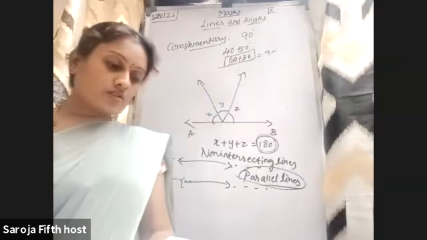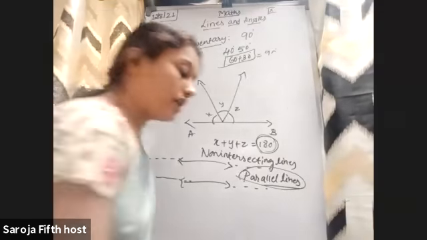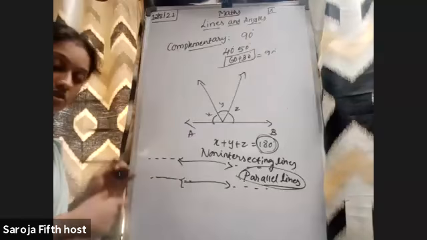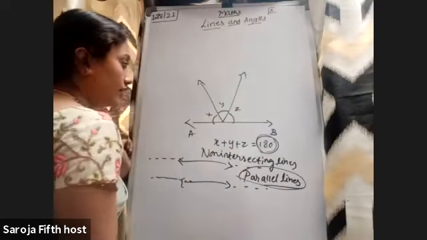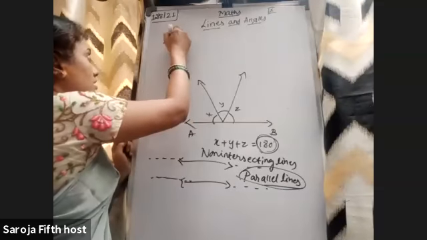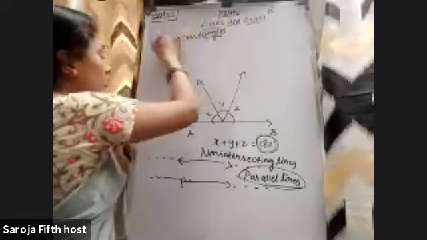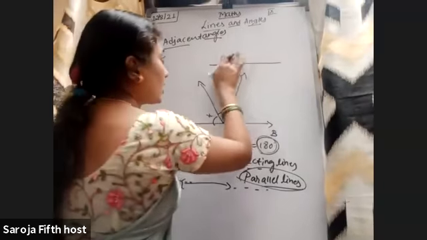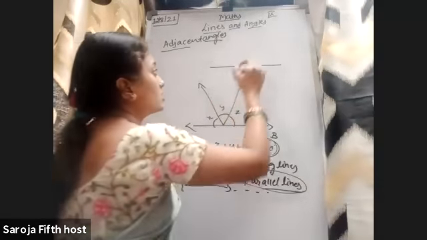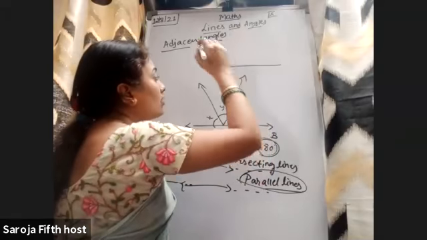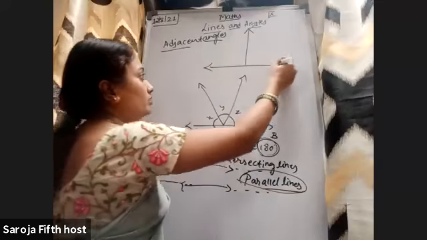Yes. So now we have learnt about adjacent angles. Let us glance once at what all we have learnt. Complementary, supplementary, you know about that. And then we learnt about adjacent angles.